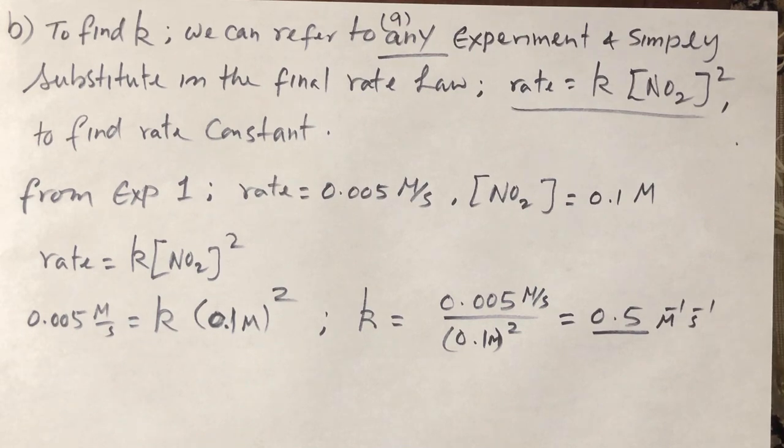And also we are going to take a look at mechanisms of chemical reactions, and we will be using some of these basic concepts that we just described today to work those problems.